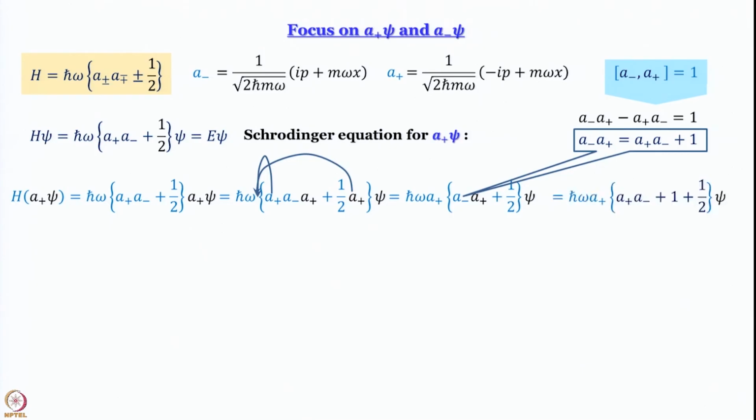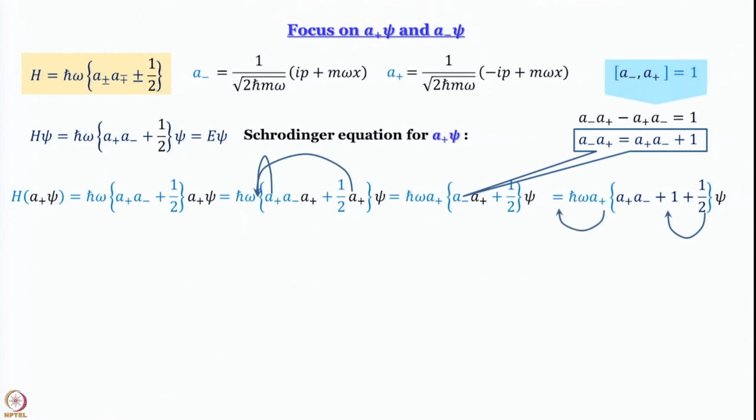So, I get H cross omega A plus, and inside the bracket I get A plus A minus plus 1 plus half psi. So, I move the half first, so that I have A plus A minus plus half, very much like what is there in the Hamiltonian, and then we will see what to do with this one.